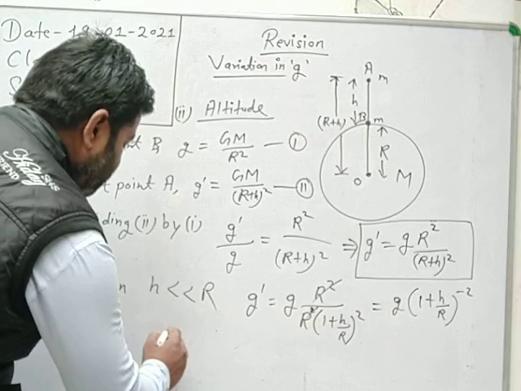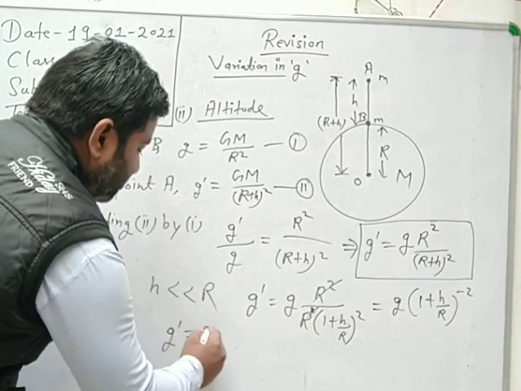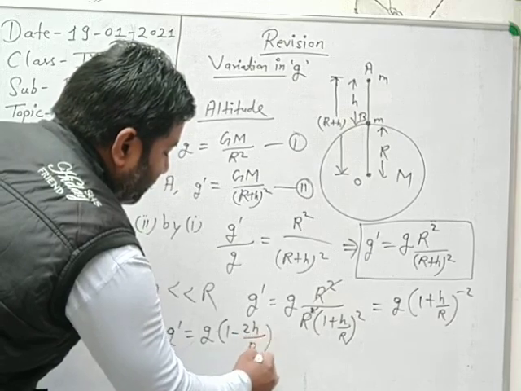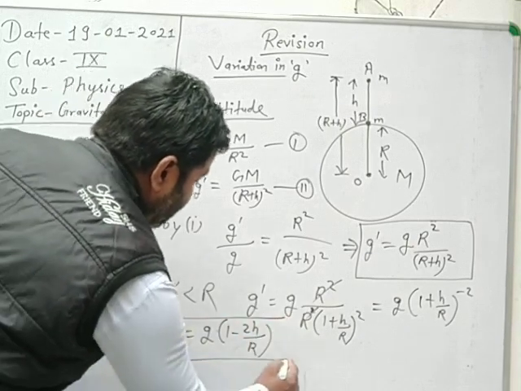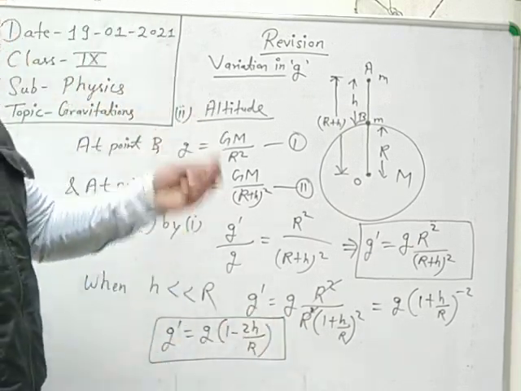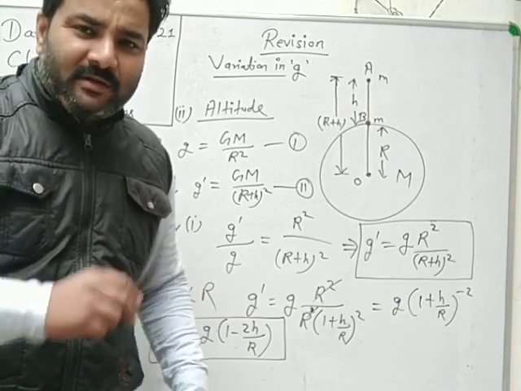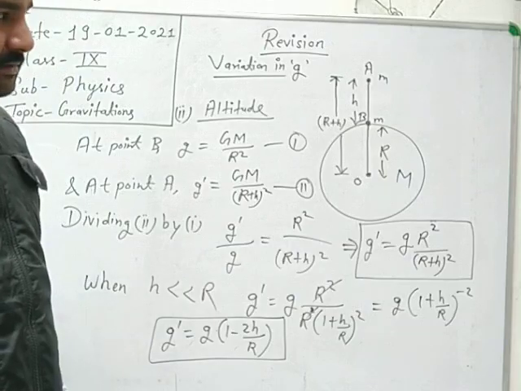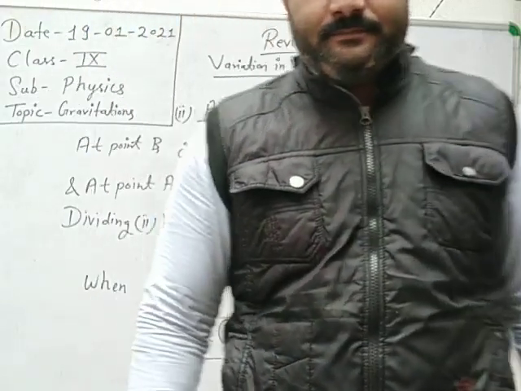Let's see. So g dash is equal to g times 1 minus 2h upon r. This is the formula for variation in gravity whenever a body is raised up to height h, and the height is very small in comparison to the radius of Earth. So note down all. Very simple.